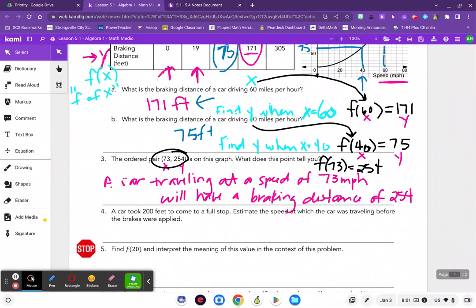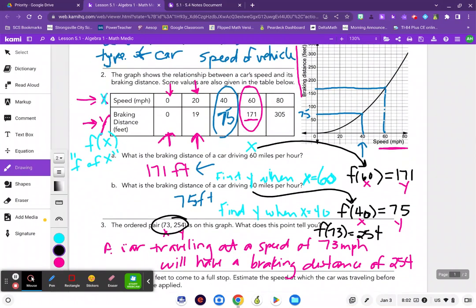All right, a car took 200 feet to come to a full stop. Estimate the speed at which the car was traveling before the brakes were applied. Well, I could take a look at my table, and a braking distance of 200 falls somewhere between 171 and 305.